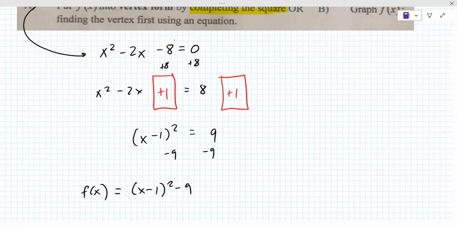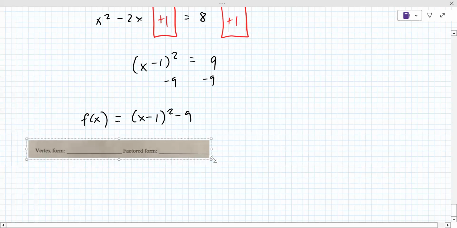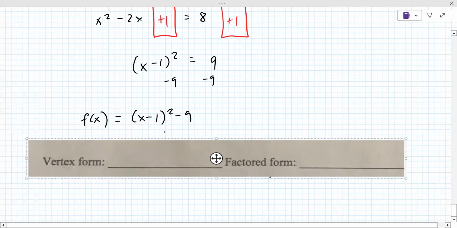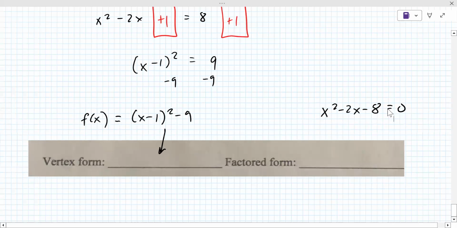All right, so the next part here, there's like a lot to do. It might as well be like 3 or 4 problems. It's asking for the vertex form and the factored form. You just found the vertex form. The factored form comes from you setting the function equal to 0 and finding two numbers that multiply to -8, but then add to -2.